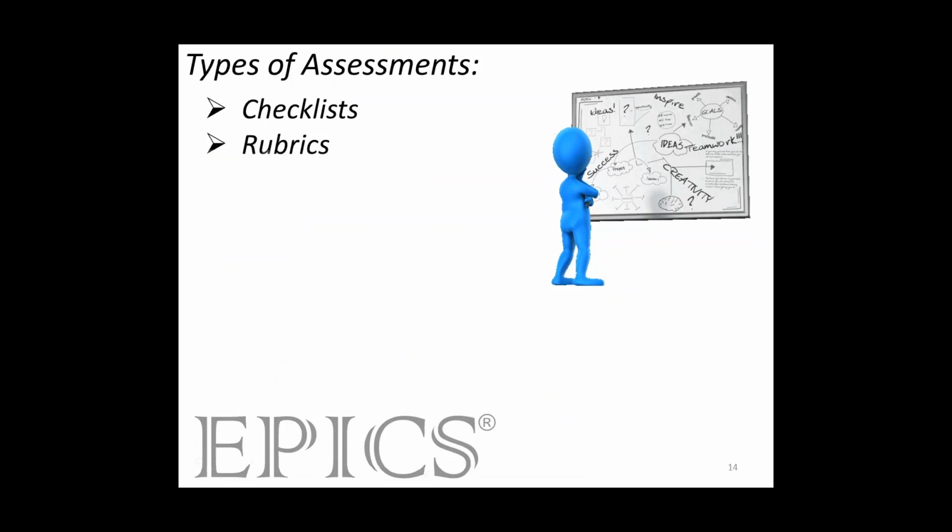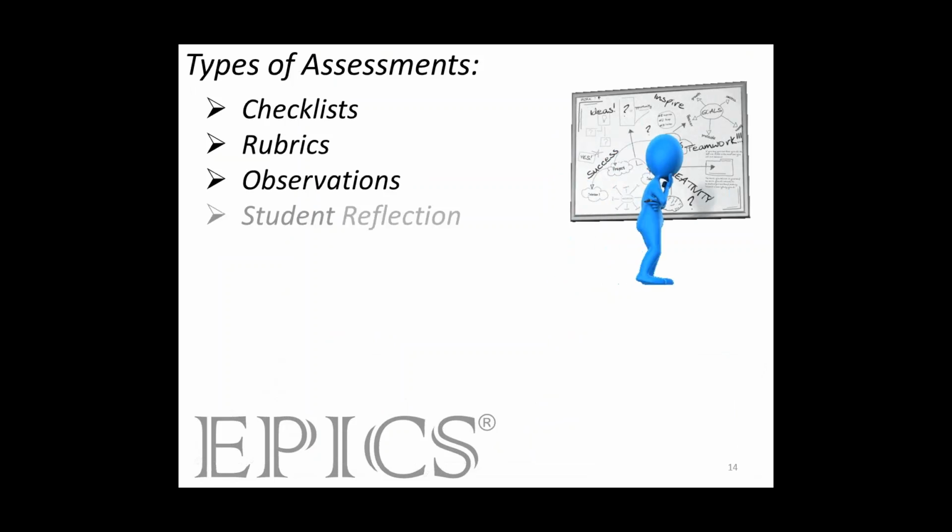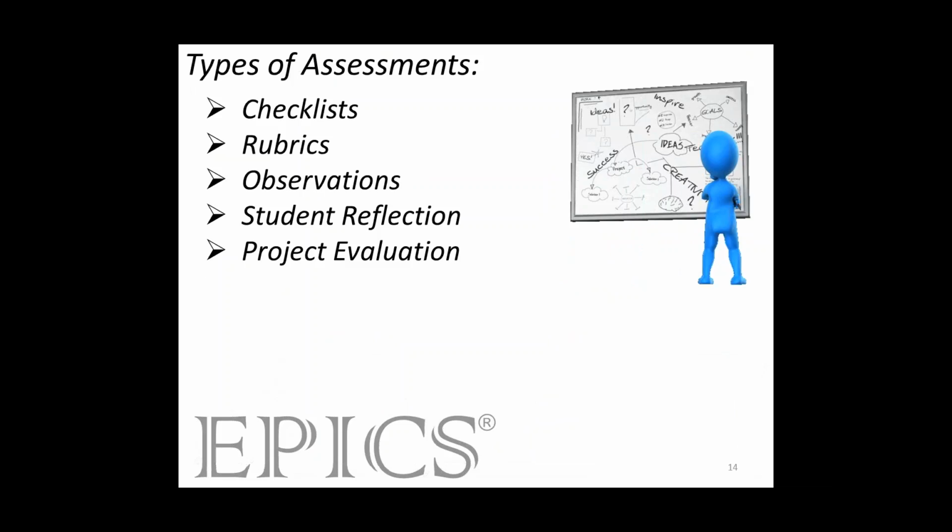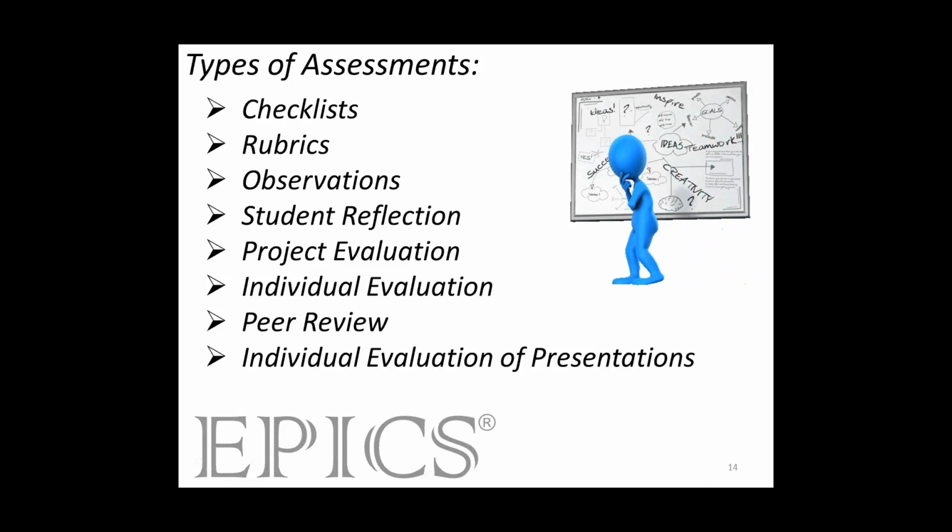So there are checklists, rubrics, observations, student reflections, project evaluations, individual evaluations, peer reviews, and individual evaluations of presentations. If you remember, we talked about the gates and how they're like milestones for the students to go through their projects.